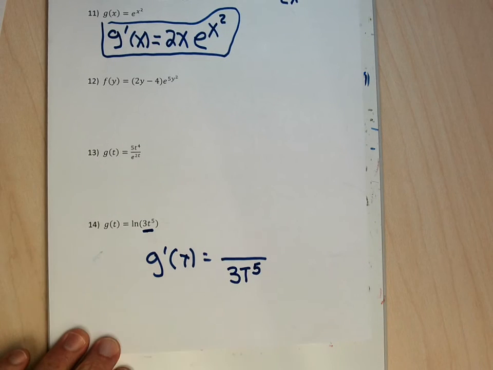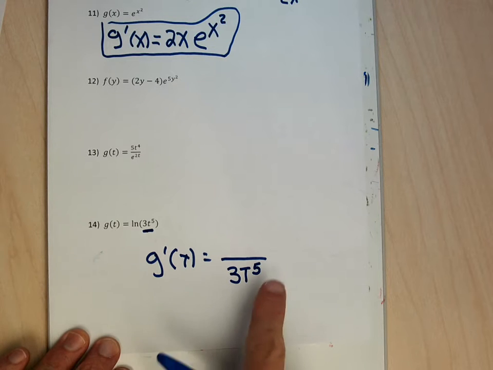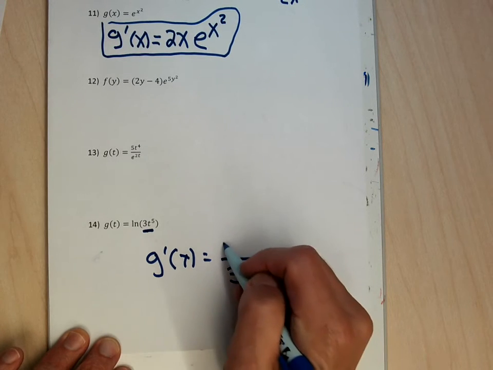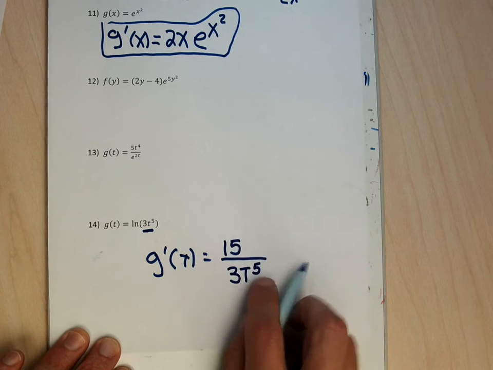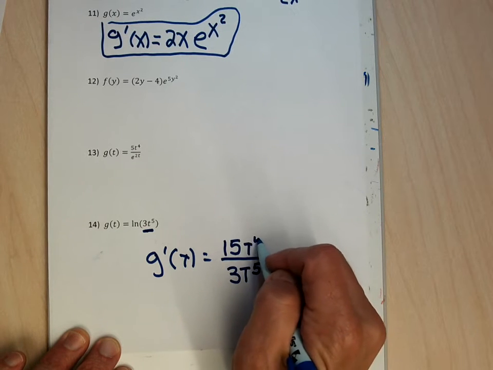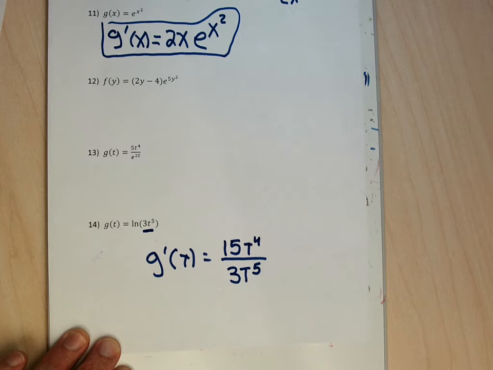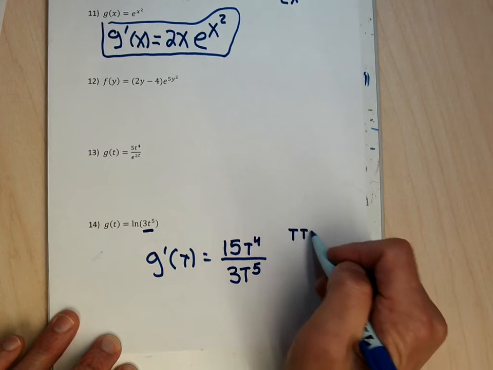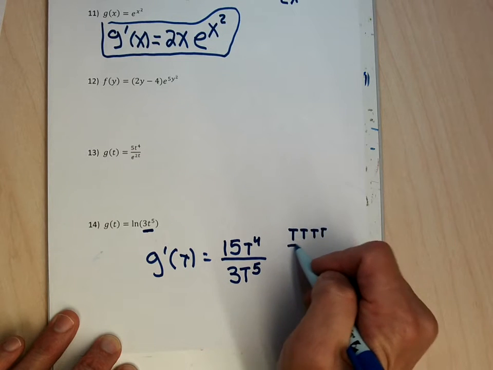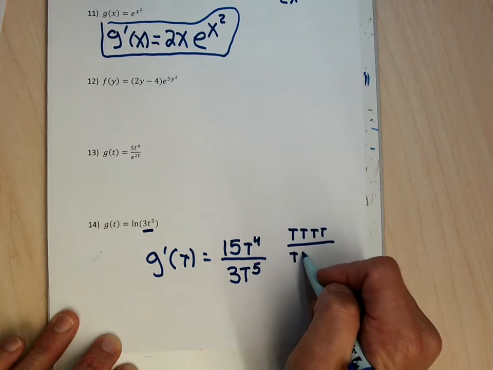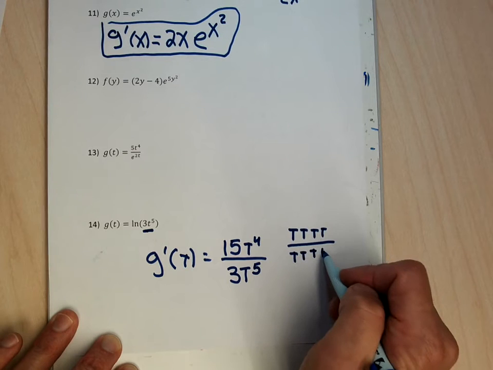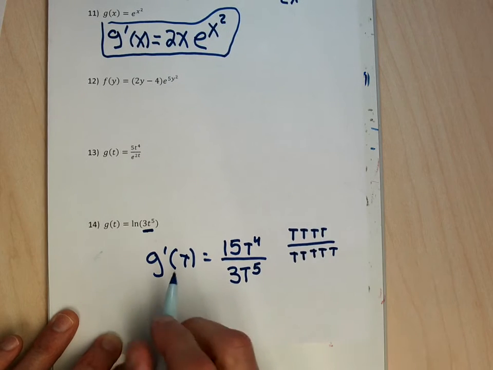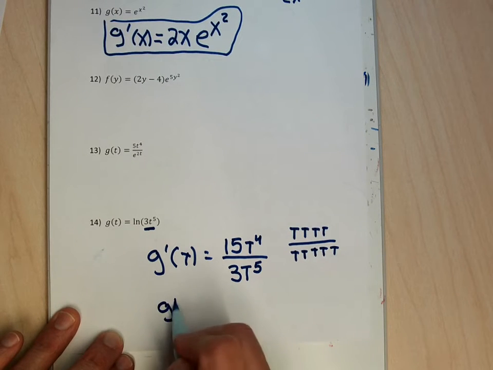So up above, in the numerator, I'm going to take the derivative of 3t to the 5th by multiplying the 5 times 3 and getting 15, and lowering the exponent by 1. That's an unsimplified form of the derivative, and the 15 over 3 is easy for me to simplify. That just reduces to 5. The t to the 4th over t to the 5th is also easy for me to simplify, but it might not be as easy for you.